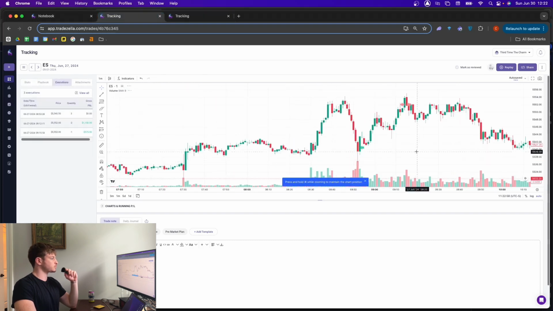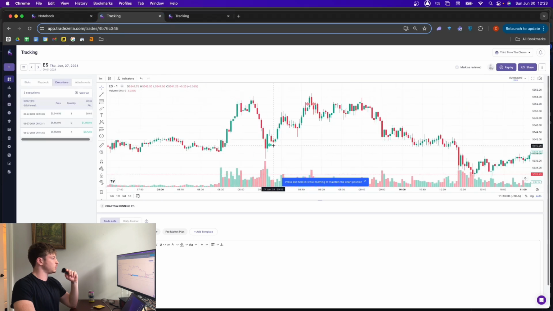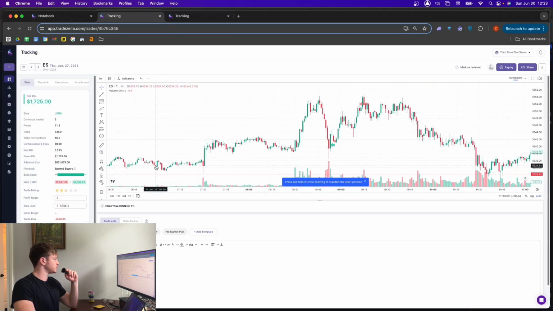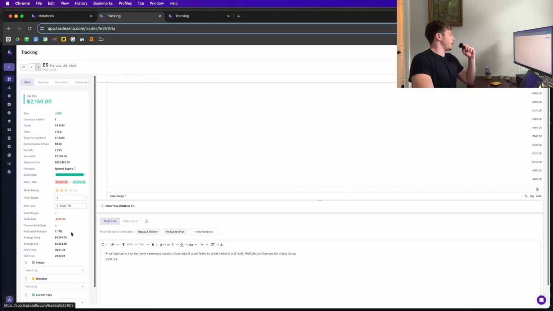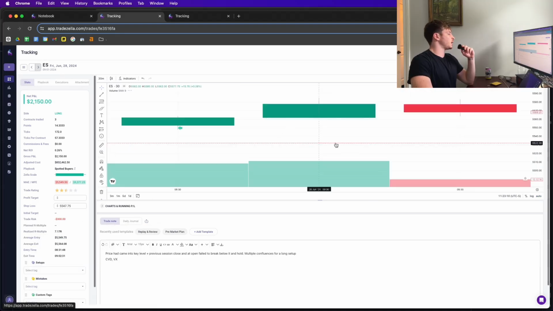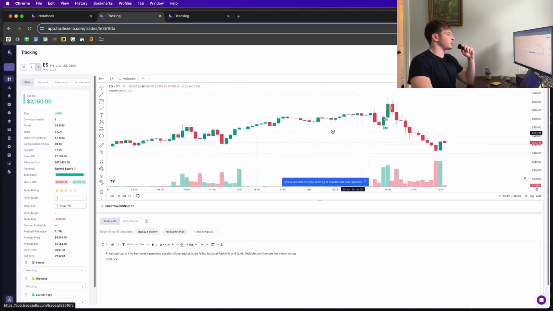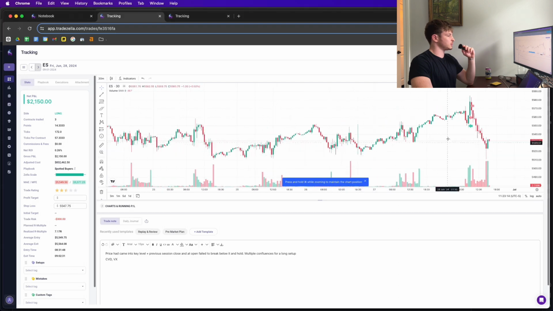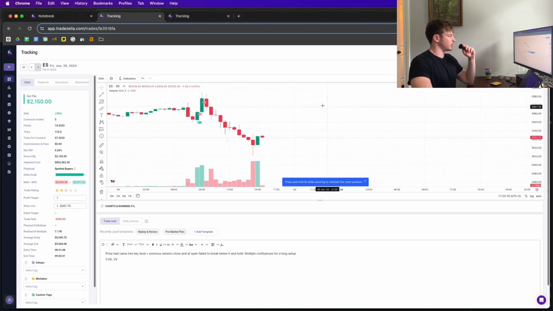So I decided to take the trade. I entered at 5549.75, and I was using the previous low as my stop.